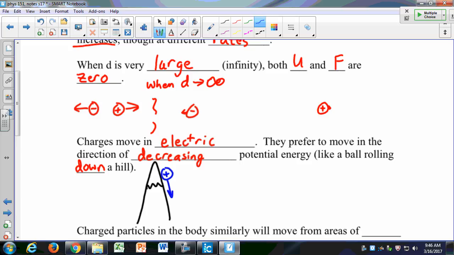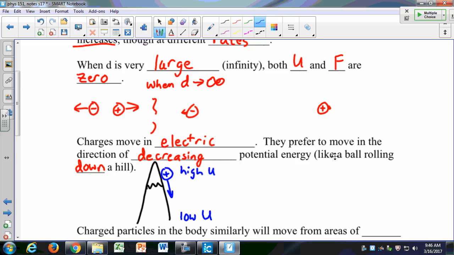It's moving from a position of high potential energy to low potential energy. And that in general is what charges do, at least when we're talking about positive charges. We'll see later that negative charges do the opposite. But just in your mind, imagine, okay, positive charges, they're the ones that do it the way we think of it, right?